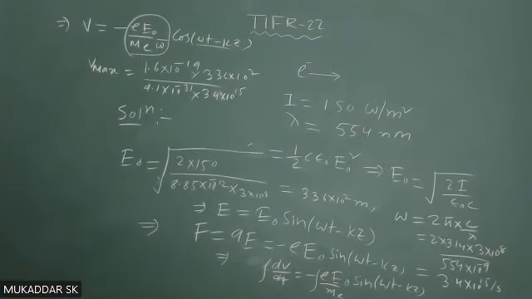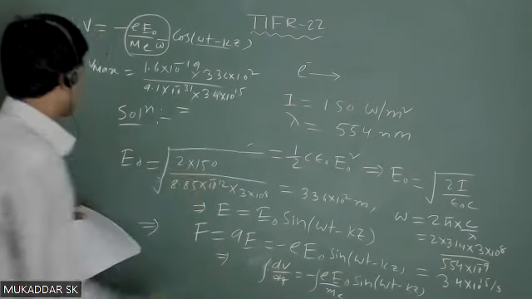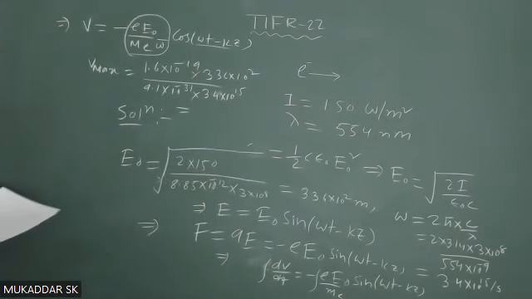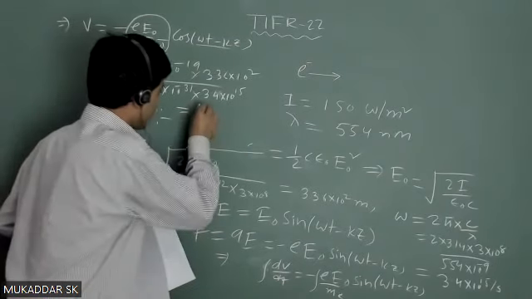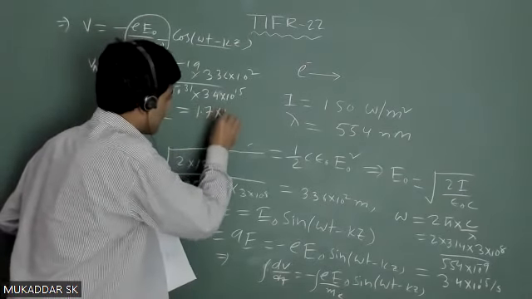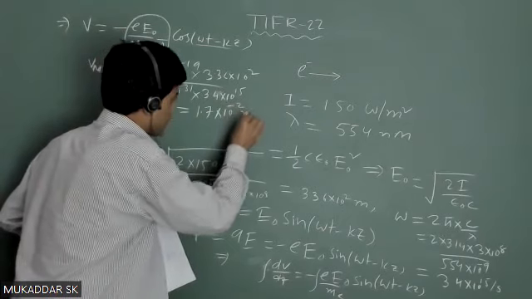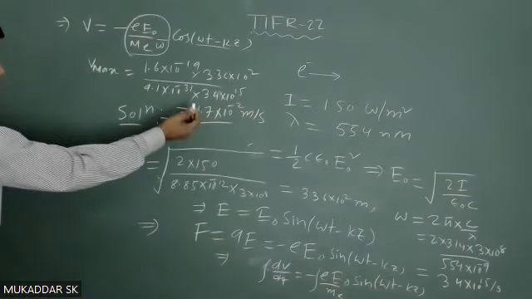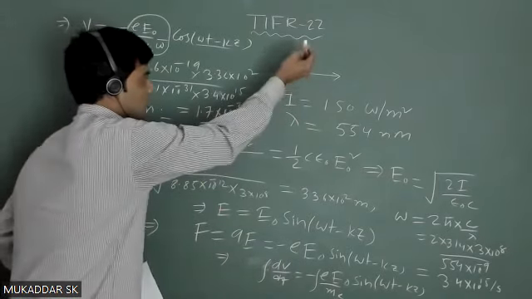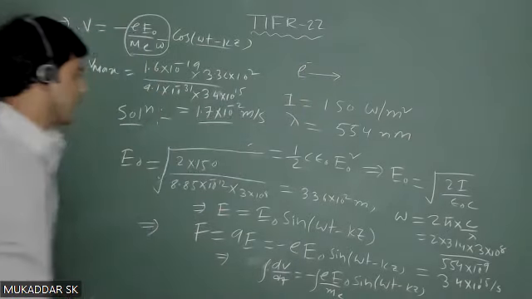If you calculate that value, you will get v max as 1.7 into 10 to the power minus 2 meter per second. This is the velocity of the electron when it is oscillating.